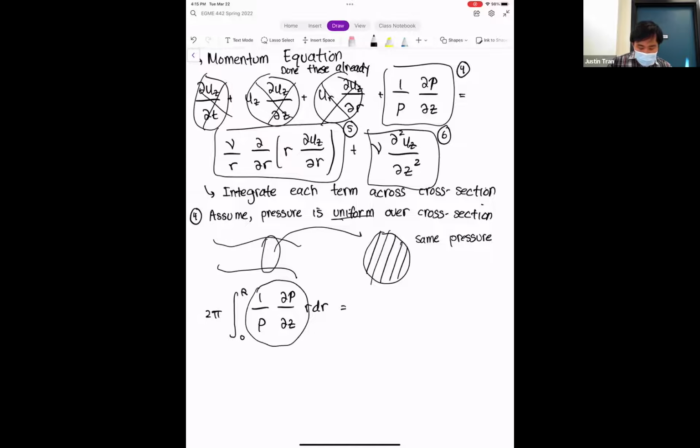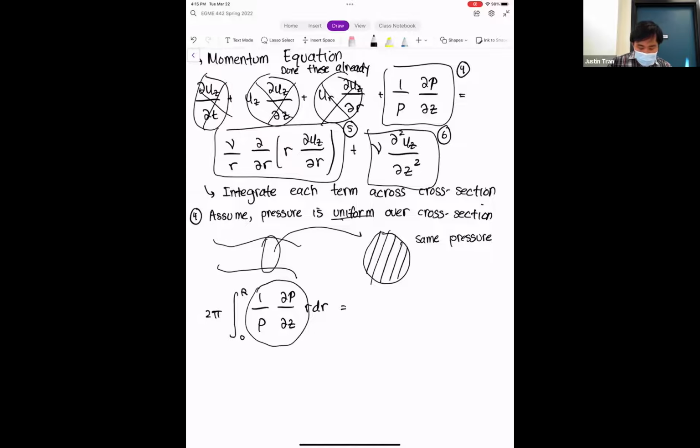And just so that you can keep track of where each of these came from, this first term right here came from integral 1. This term right here came as a result of integral 2 plus integral 3. So remember, we got the same thing for both of those, and so we just added them together.